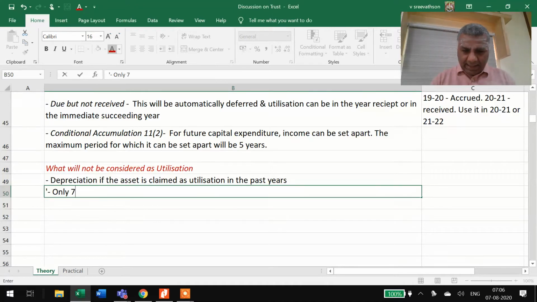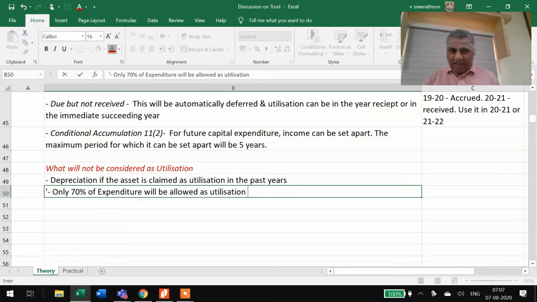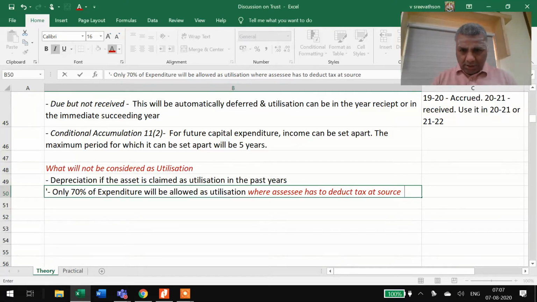Only 70% of the expenditure will be allowed as utilization, where the assessee has to deduct tax at source and remit it, but fails to do so.